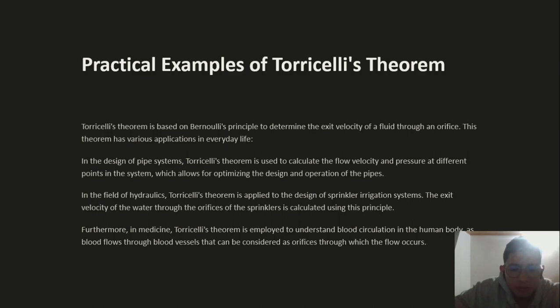In the design of pipe systems, Torricelli's theorem is used to calculate the fluid velocity and pressure at different points in the system, which allows for optimizing the design and operation of the pipes. In the field of hydraulics, Torricelli's theorem is applied to the design of sprinkler irrigation systems. The exit velocity of the water through the orifice of the sprinklers is calculated using this principle.